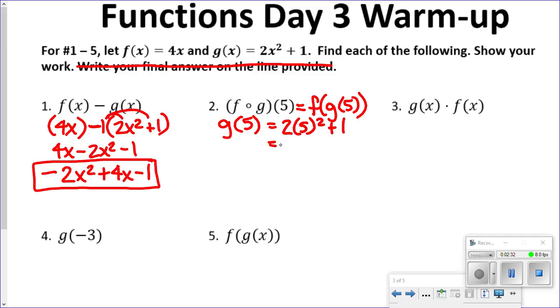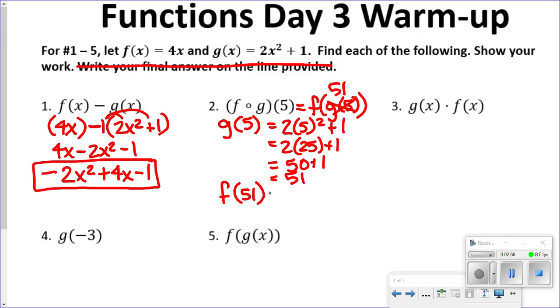So then that's going to be 2 times 5 squared, which is 25, plus 1. So that'd be 50 plus 1, so that's 51. Okay, so that's what g of 5 is. Now we're going to take out the g of 5, which is 51, so we're going to find f of 51.